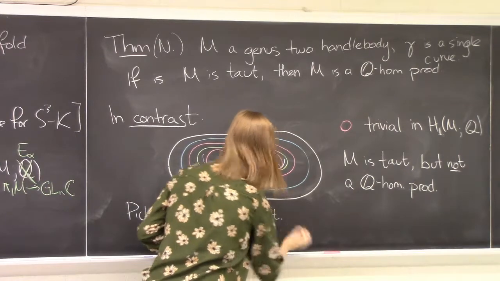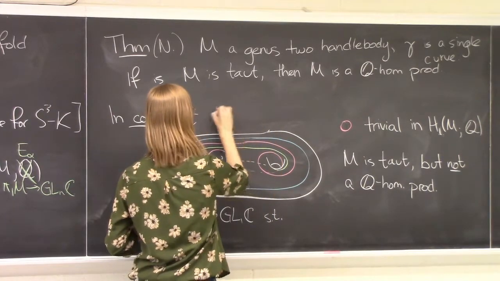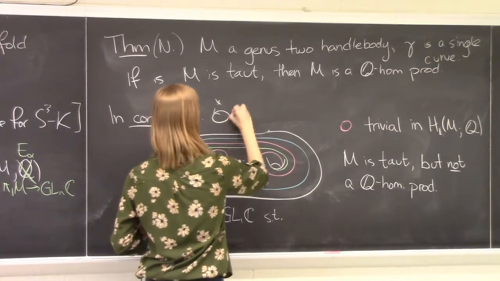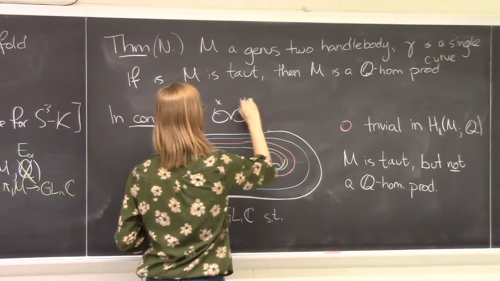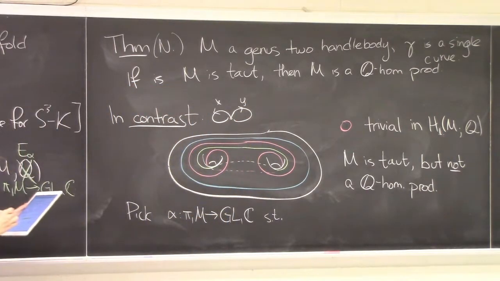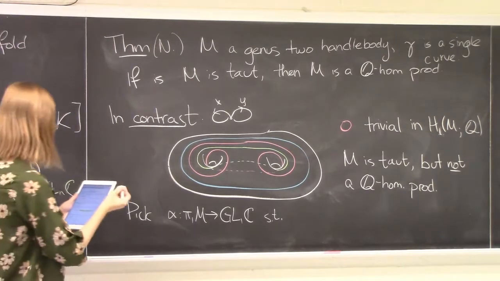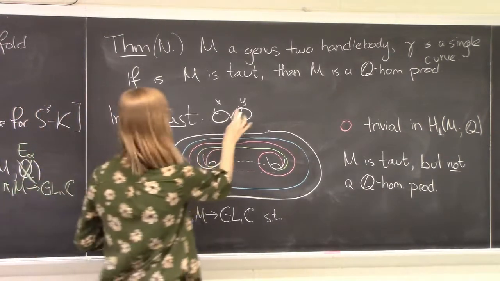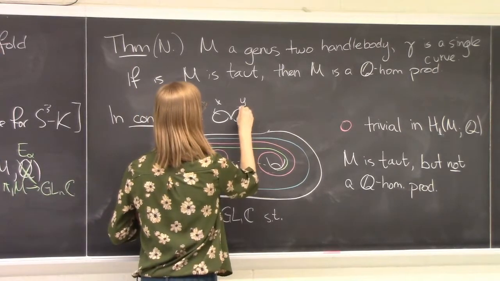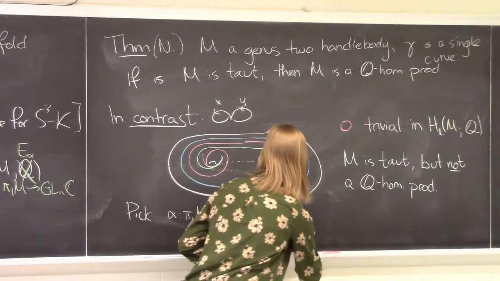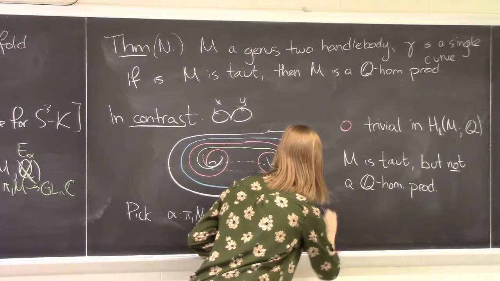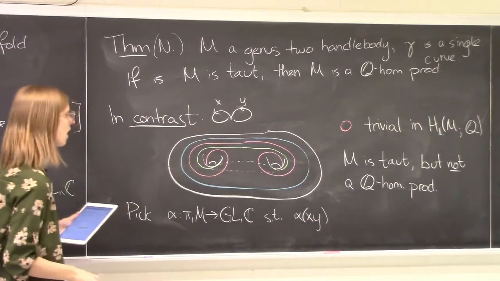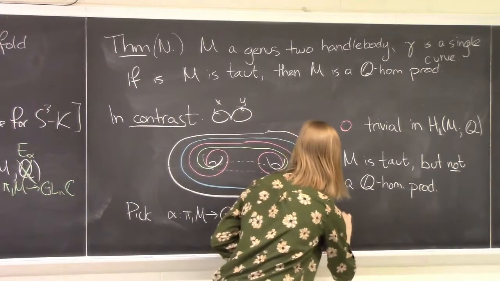And we just need this to satisfy, if I denote my generators of pi_1 of M as x and y like this, I want the image of x times y not to be 1.